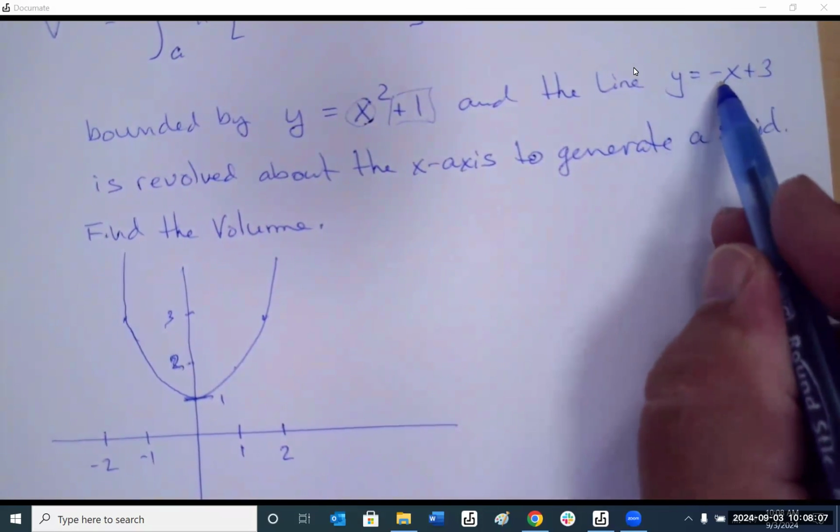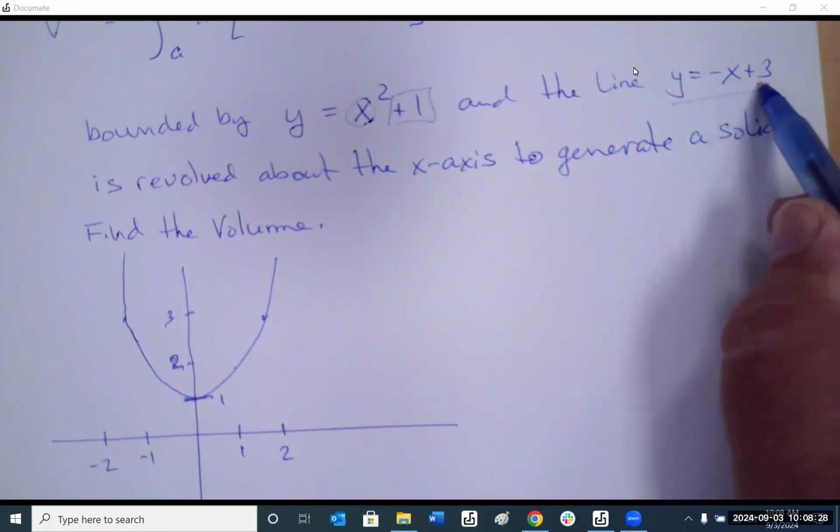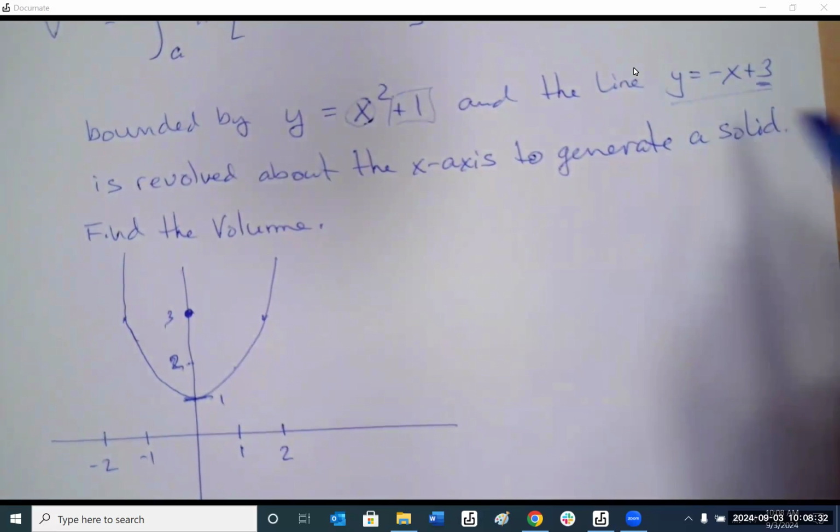Then the line negative x plus 3. What do we know about that line? It's a linear equation because it's a line. Where's the y-intercept? The y-intercept is always the constant, at 3. What's the slope of that line?